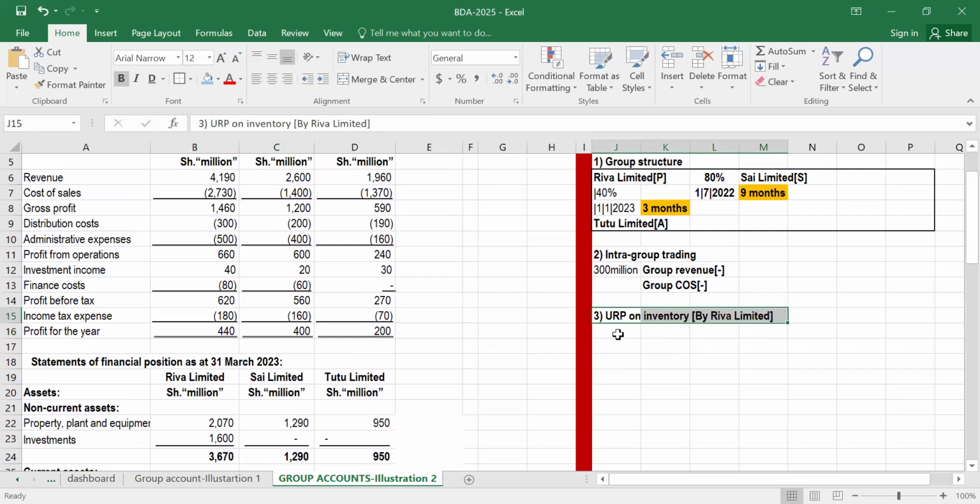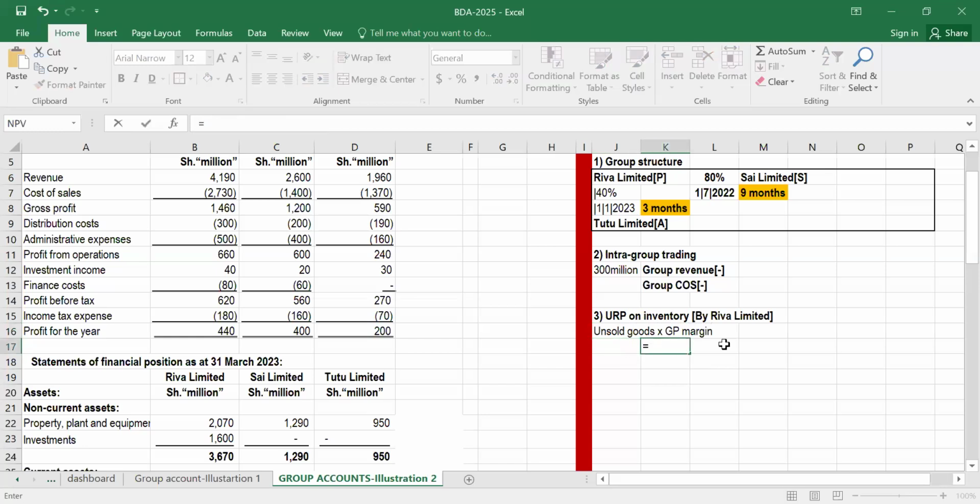Our formula, we said here, we take the unsold goods and multiply that with the gross profit margin. Unsold goods times the gross profit margin. So let's do that.